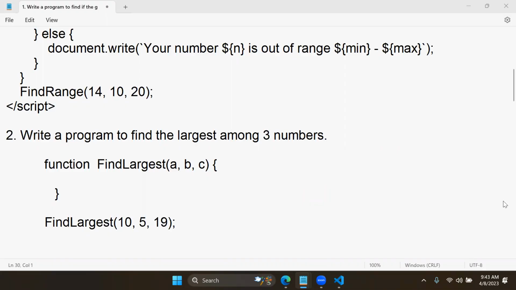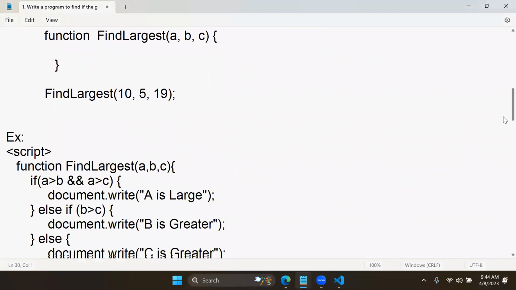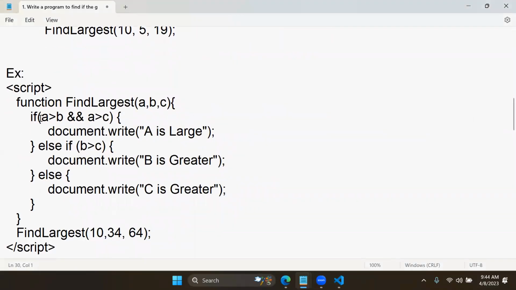That means you can keep the condition very simple like this. So if A is greater than B and A is greater than C, which one is largest? A is largest. Then you just have to compare B with C only.